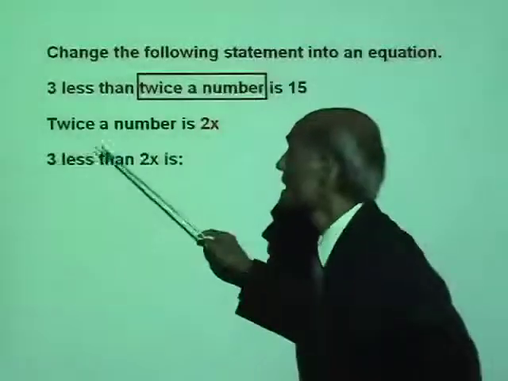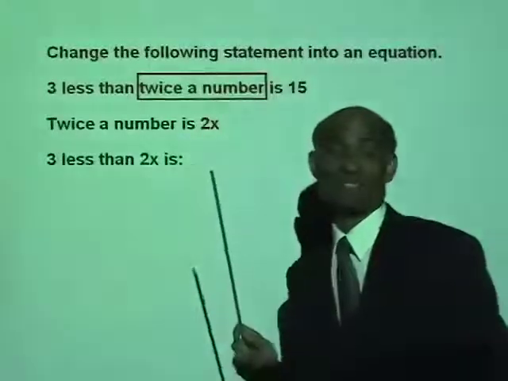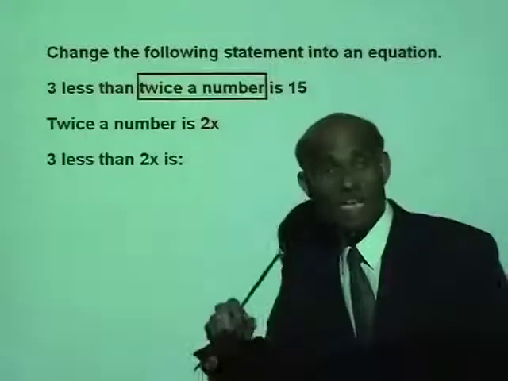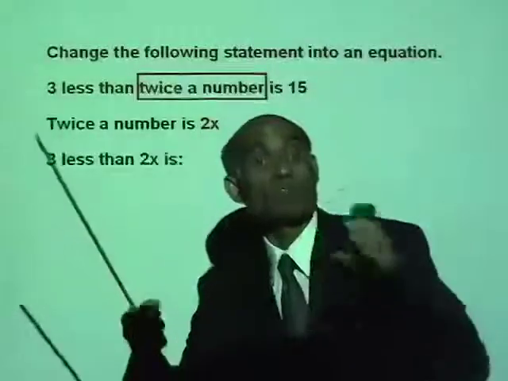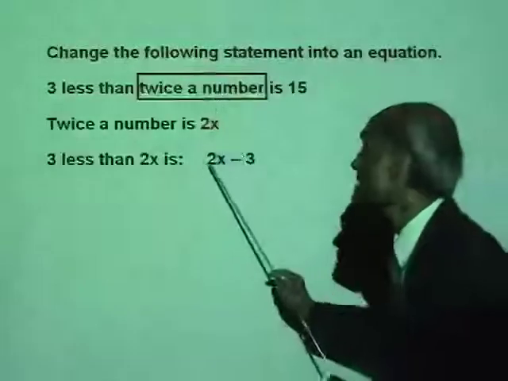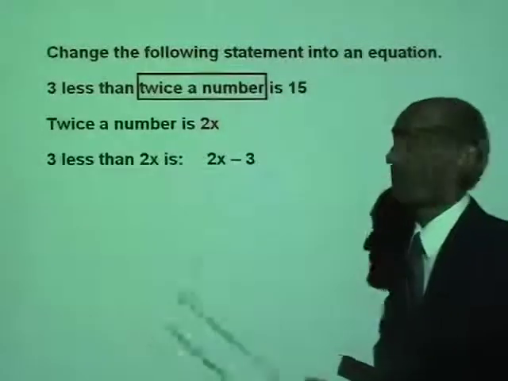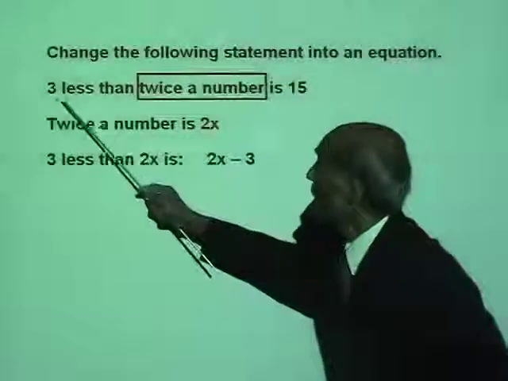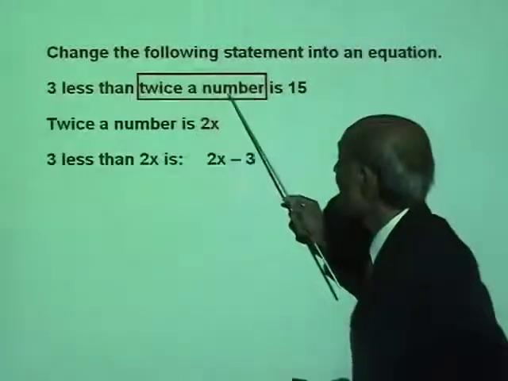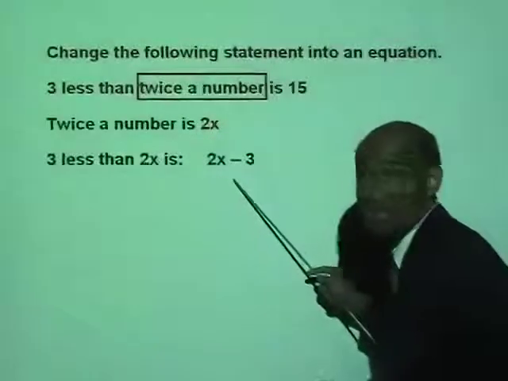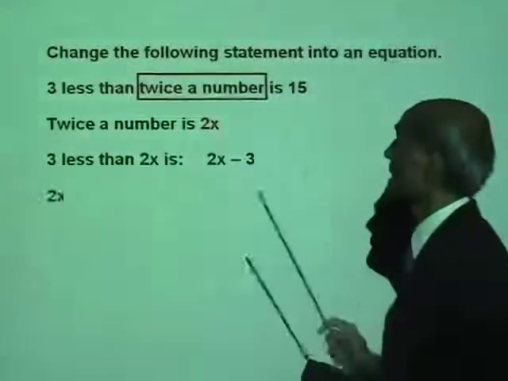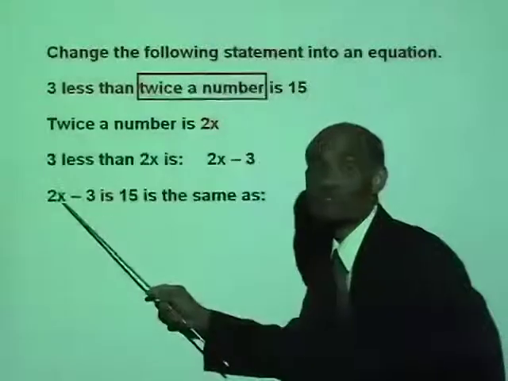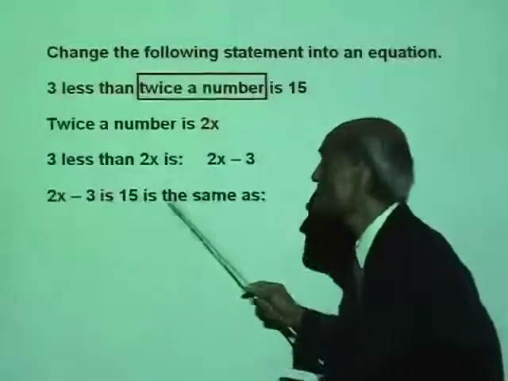Now, 3 less than 2x means take away 3 from 2x. 2x minus 3. Now, we are told that 3 less than twice a number, which is 2x minus 3, is 15. You see that? 2x minus 3 is 15.